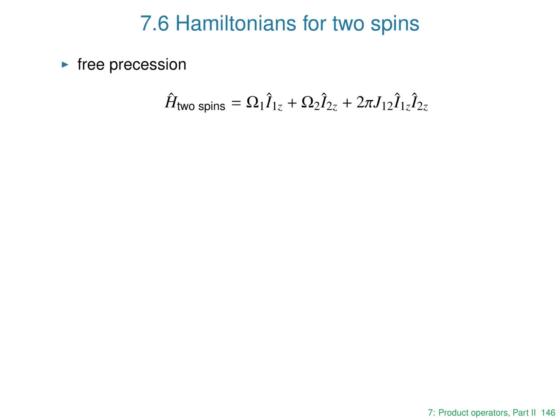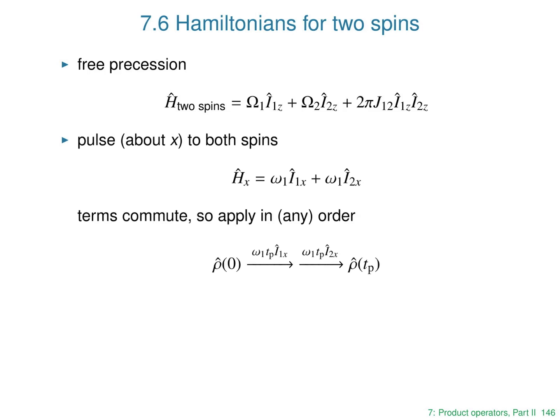Now, before we can analyze anything in a bit more detail, we just need to review the Hamiltonians we're going to use. If it's free precession, we've already seen what the Hamiltonian there is. It's got a term for the offset of spin 1, a term for the offset of spin 2, and then the coupling term.